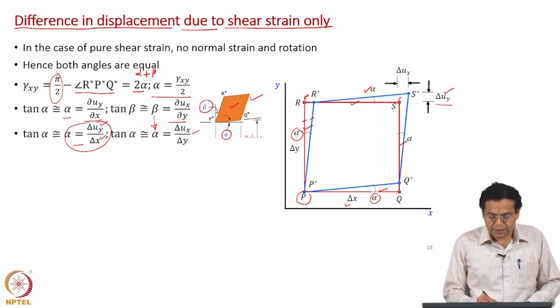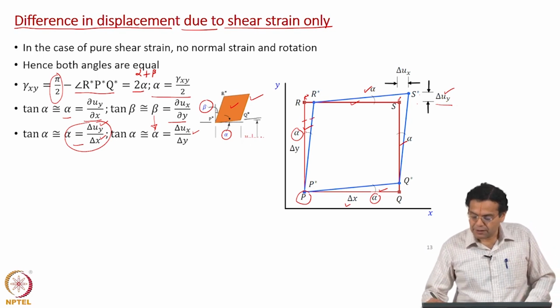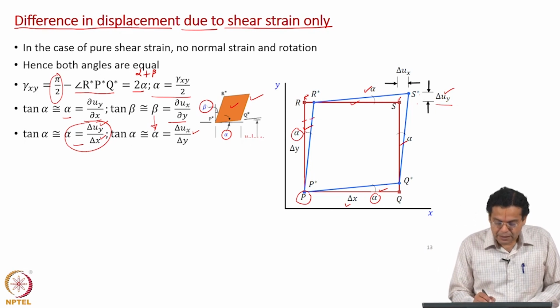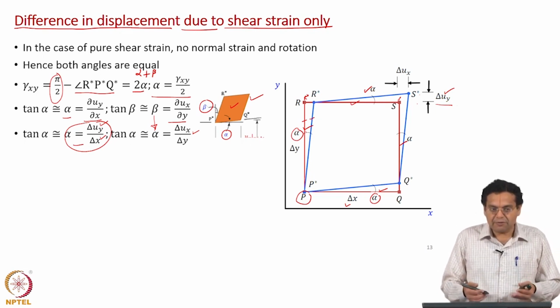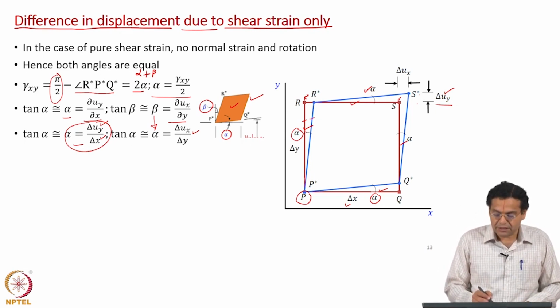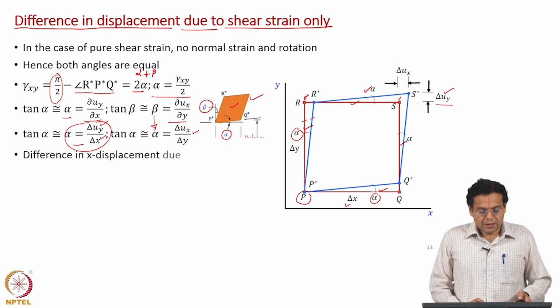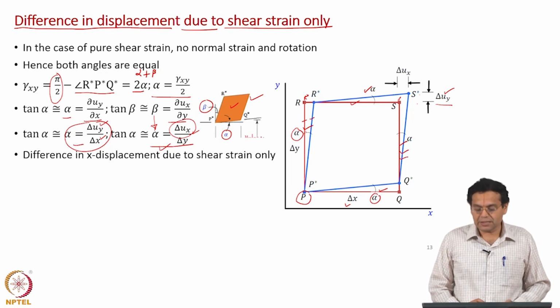So this equation is applicable for this triangle, and we are going to use this. We have written it for alpha, but what is of interest to us is the difference in the x displacement delta ux, and we will write this expression for delta ux. Okay. So now we will write the difference in x displacement due to shear strain only.